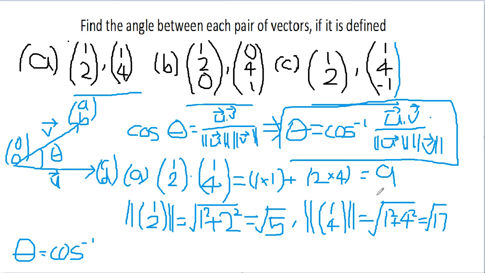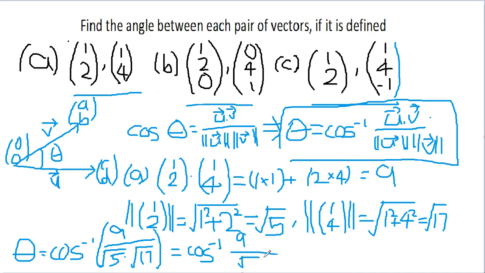Our dot product is 9, over the square root of 5 times the square root of 17, which equals the inverse cosine of 9 over the square root of 85. So hence this is our exact value.